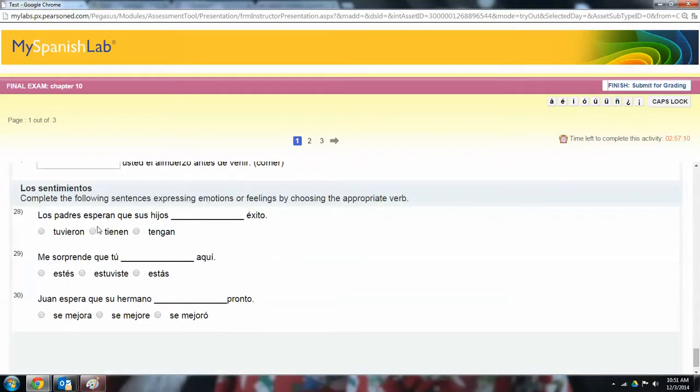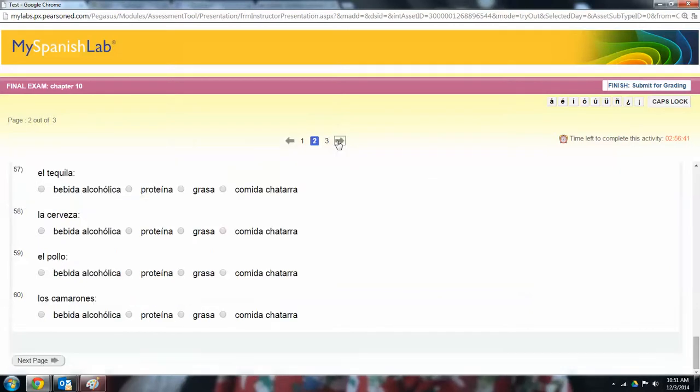All right, then down here, complete the following sentences expressing emotions or feelings by choosing the appropriate verb. So what verb would you plug in here that would best complete these sentences? And remember that we were studying subjunctive, so some of your choices may be in the subjunctive mood, so you need to decide whether it would be a situation that requires subjunctive or not, or if it's something that happened in the past.